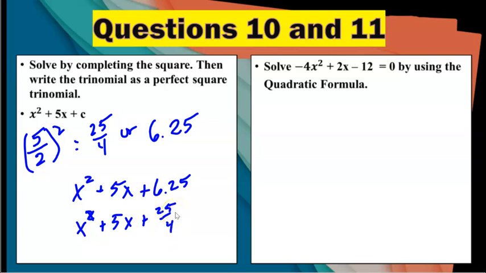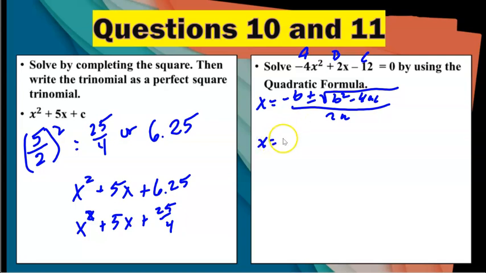Question 11, we're going to use the quadratic formula to solve. Again, this is our a, this is our b, this is our c. So if you use our formula, x equaling negative b plus or minus square root of b squared minus 4ac, divided by 2a.